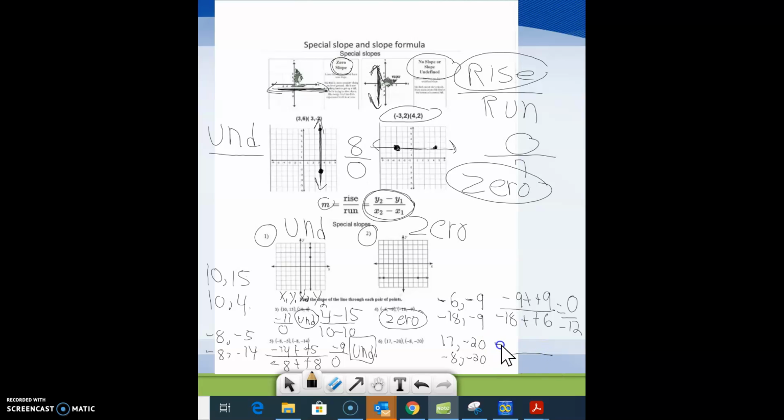So that's negative 20 minus negative 20, right? Well, I'm going to do keep, change, change. Hey, my top number's 0. I don't even have to do the bottom one, because if 0's on the top, my answer is 0.